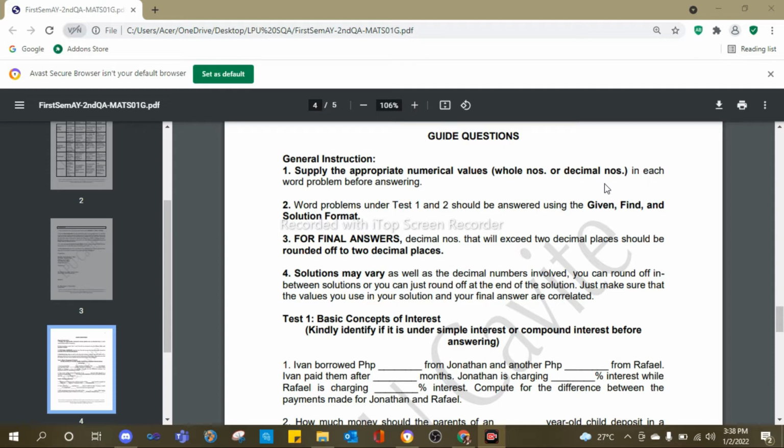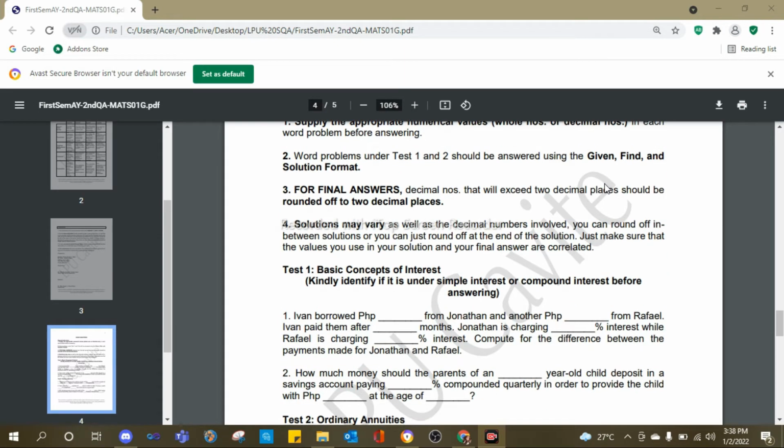Number 3: for final answers, decimal numbers that exceed 2 decimals should be rounded off to 2 decimal places. Solutions may vary, as well as the decimal numbers involved. You can round off in between solutions, or just at the end of the solution, to make sure that the values you use in your solution and your final answer are correlated.